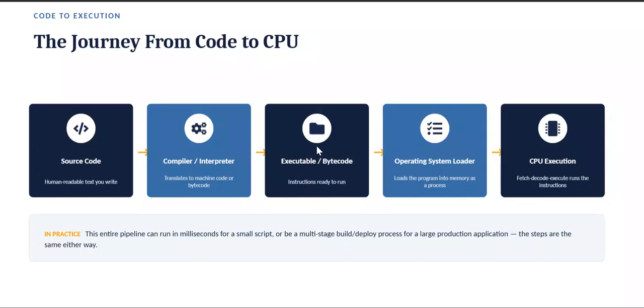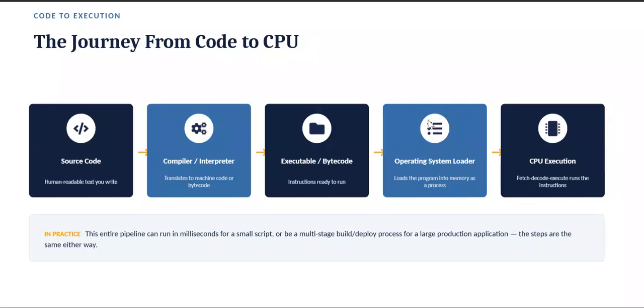Now, remember at this point it is translating, compiling, or interpreting to executable bytecode that the machine can understand, right? So those instructions are ready to run, and when they are executed, the operating system loads the program into memory as a process.